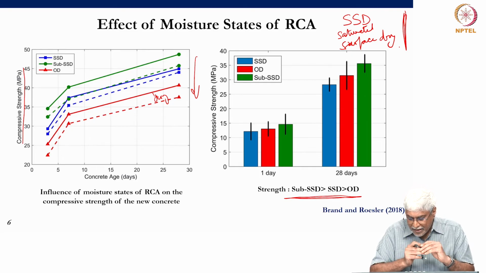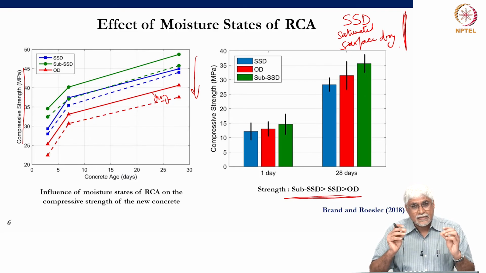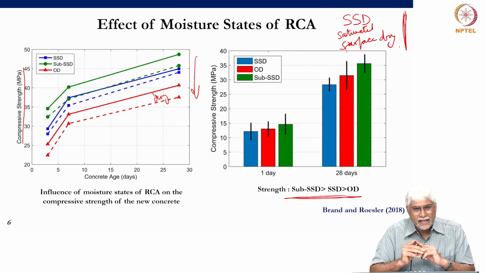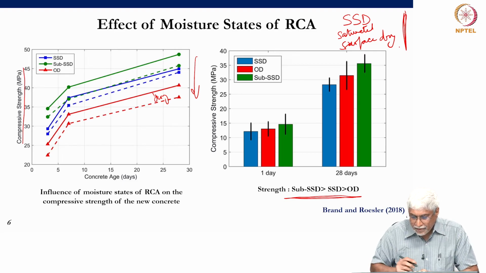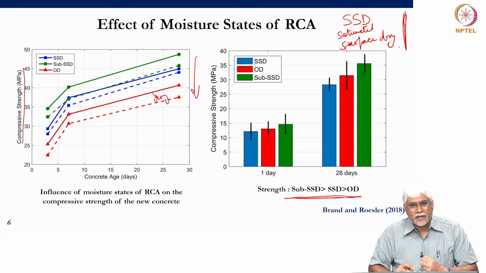So that is the effect we are seeing here, that the best is slightly less than saturated surface dry, and obviously some water rather than having oven dry concrete. So if you have oven dry aggregates, very bone dry aggregates that are put into the concrete, then they absorb water, remove water from the cement paste, and therefore you have a weaker interface.